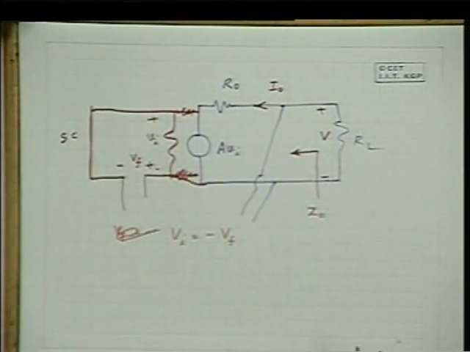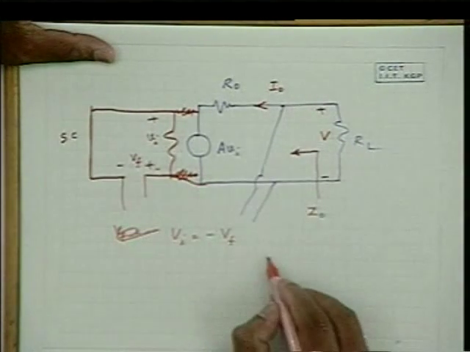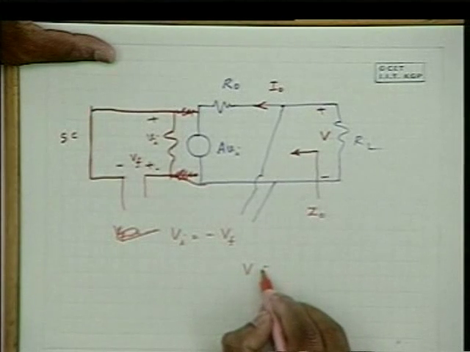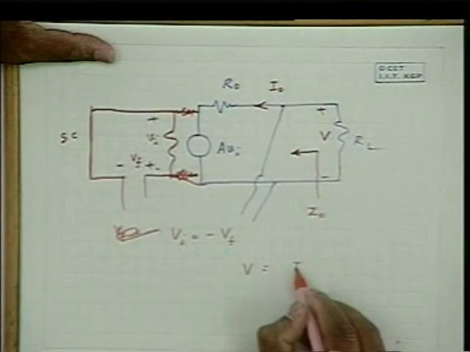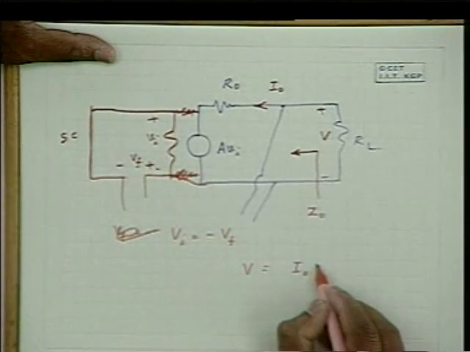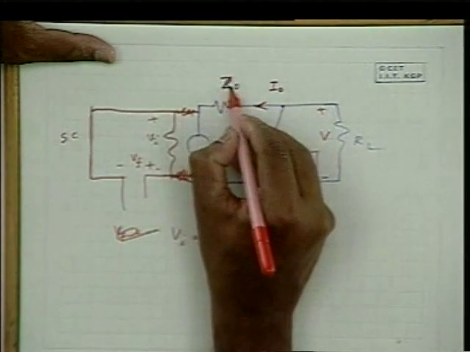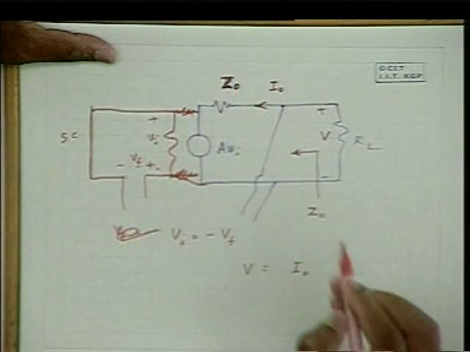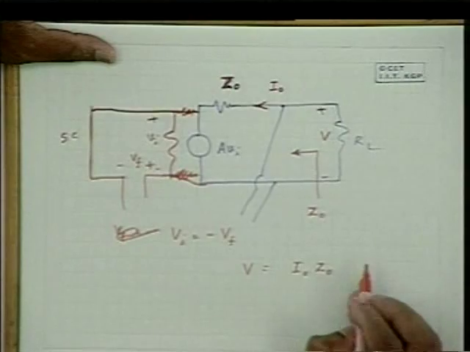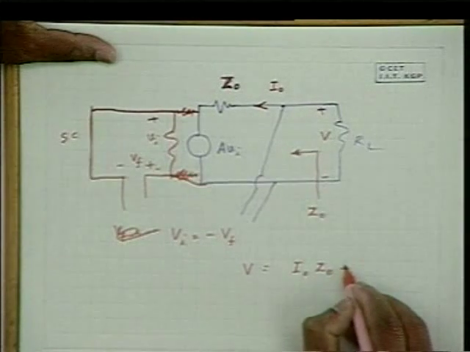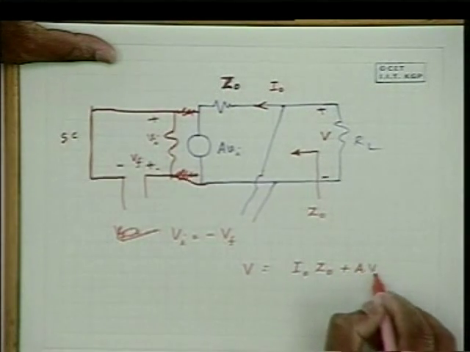Naturally, the applied voltage V at the output is equal to I naught into Z naught, if I represent it as a complex quantity, plus A Vi.